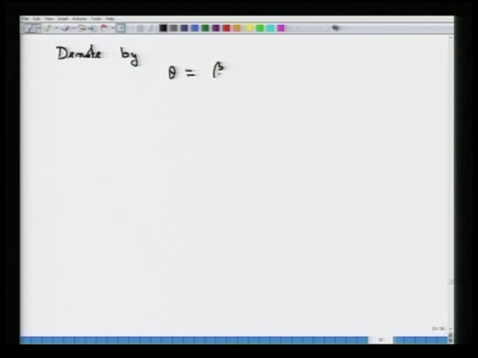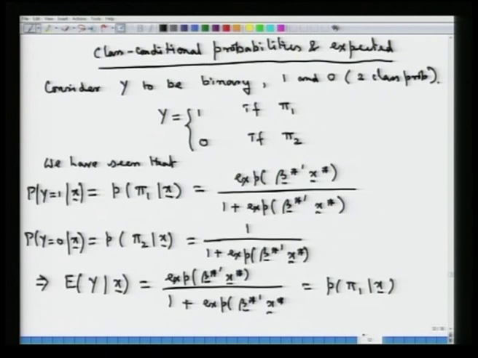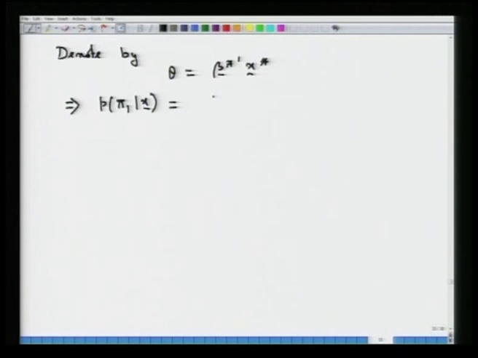So, this would imply that p pi 1 given x is equal to e to the power theta divided by 1 plus e to the power theta, which one can also write as 1 upon 1 plus e to the power minus theta.